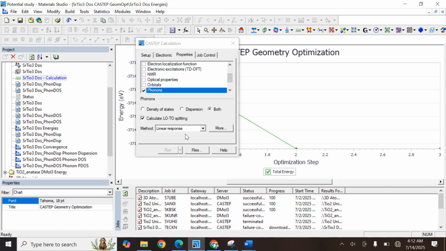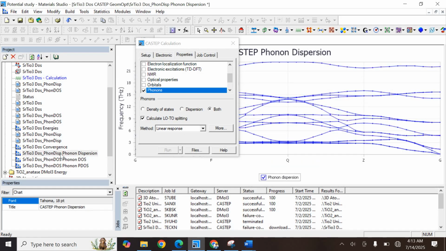This is where I access both the phonon dispersion and DOS, which I already showed you in the graphs and discussed. I found the results were clear, and the data confirmed that SrTiO3 is dynamically stable and well behaved.